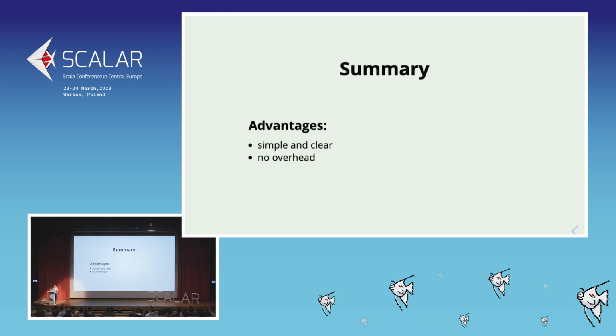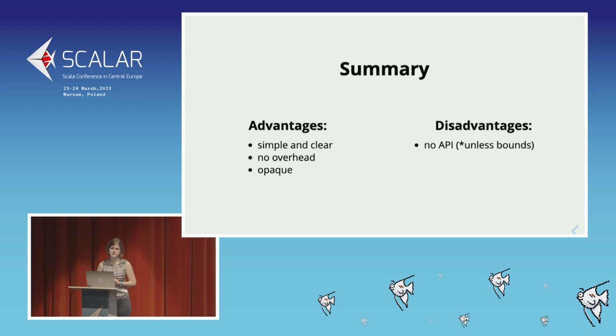So good for performance. And they're opaque, which means that on your quest to the perfect model, you can hide all the implementation that you don't want to, and you can expose just the API that you want, so that the end users of your types know what's expected of them. And the things to keep in mind about opaque types is, of course, that they have no API, so no constructor, no everything.